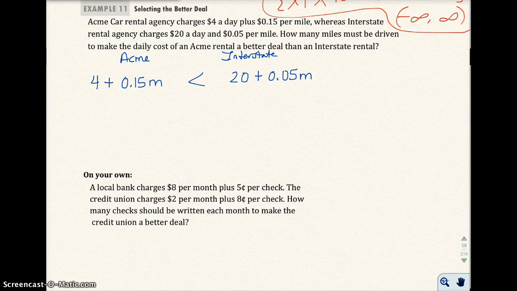So we'll go ahead and solve the inequality. I'm going to subtract 0.05m from both sides. So I get 4, and I subtract... let me put a calculator here. 0.15 minus 0.05 gives me plus 0.1m less than 20.